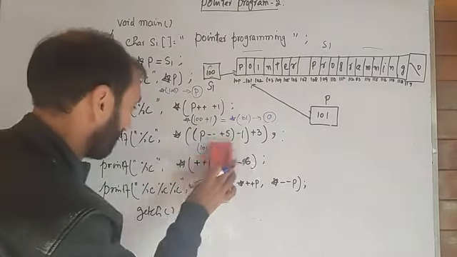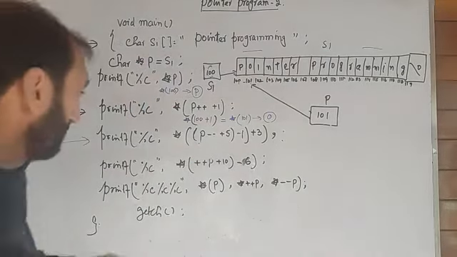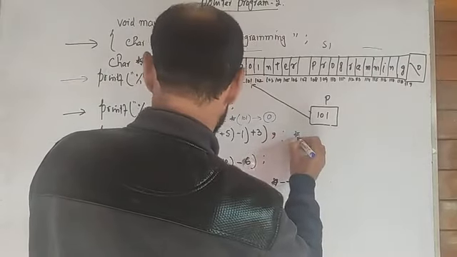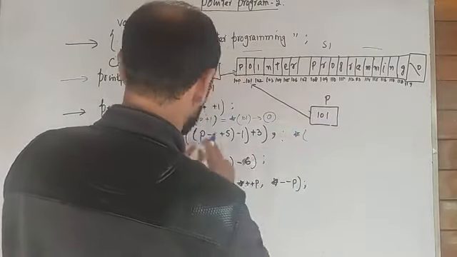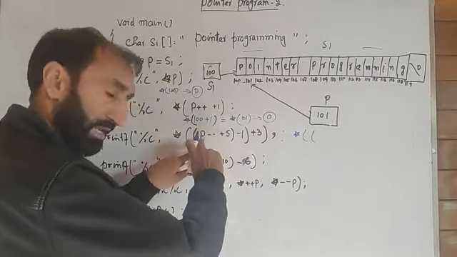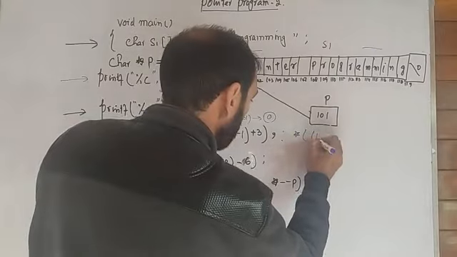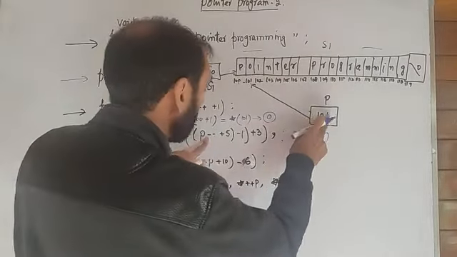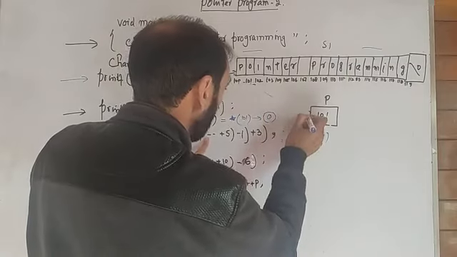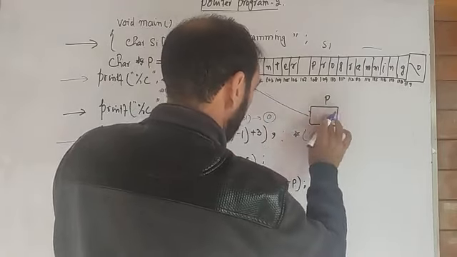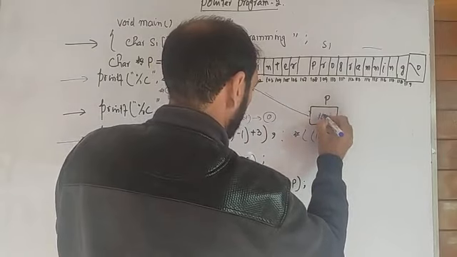Wait, sorry. Bracket, p minus minus minus 1. First p will get returned. What is p? P is 101. Then p will get decremented. That means p will move one location backward, that was 100.